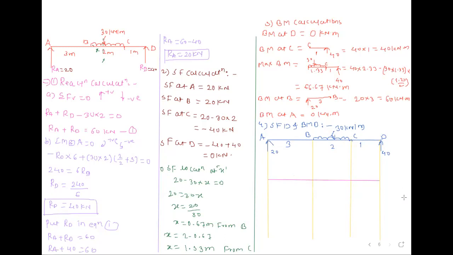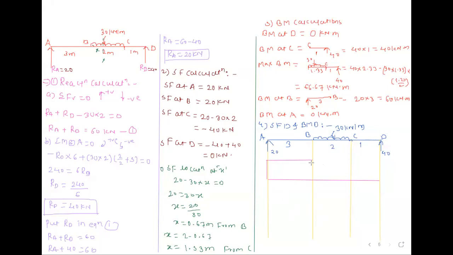So shear force at A, 20. In between A to B, there is no force, that means shear force is constant between A to B. After that, shear force at C. How much shear force is there?